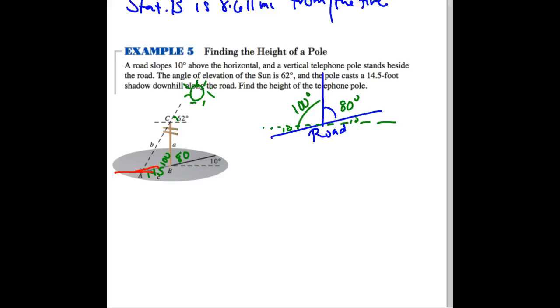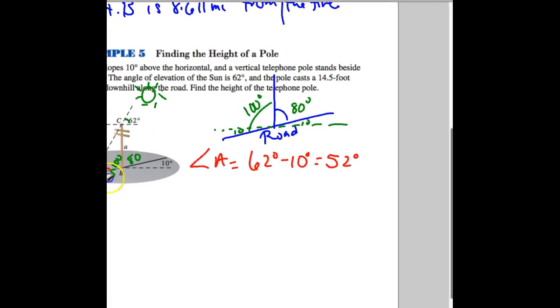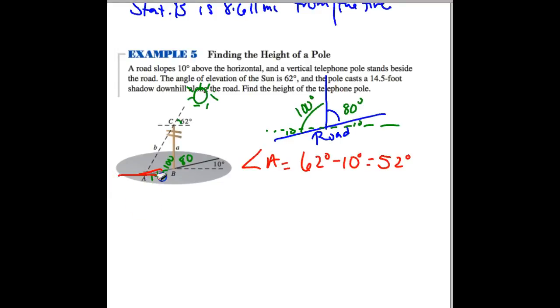So angle A is really only 52 degrees. All right, let's clean up our picture a little bit here. Okay, so we had 14.5 and we have a 52 degree angle there. So we have a triangle with 52 degrees, then side 14.5, and then a 100 degree angle.